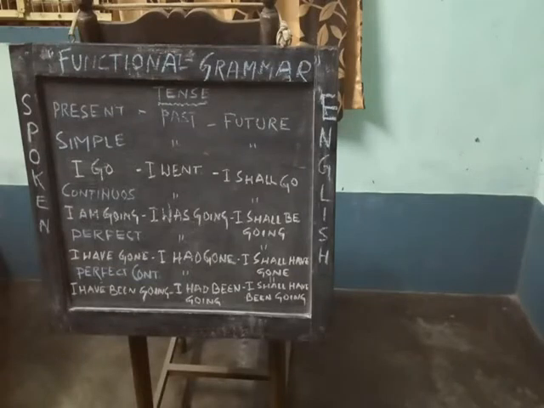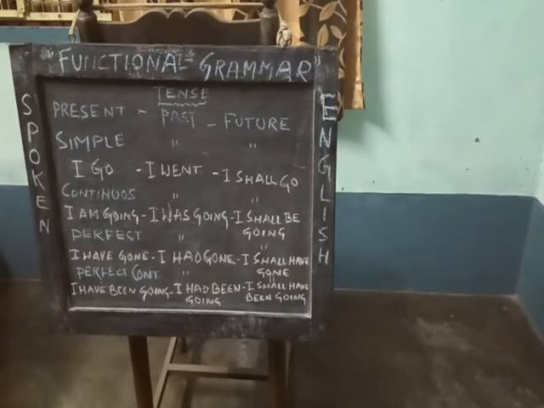Now, what do you mean by present, past, and future individually? The present tense is the time now. The past tense is the time then. The future tense is the time to come. I said that tense is time, so this time can be differentiated into three divisions.